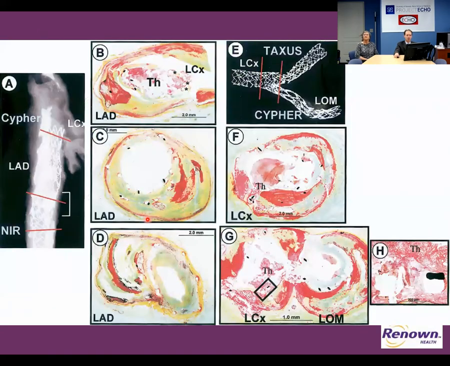So here are some pictures. Here's a bifurcation stent, a stent that was placed in the left circumflex coronary artery and then the obtuse marginal coronary artery. And you can see that this portion of the stent is fractured.